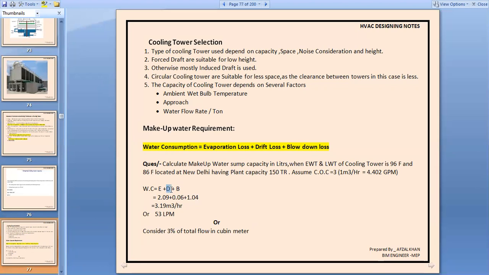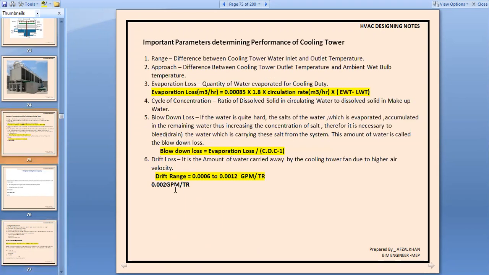And for drift loss, just 2 we have considered, no problem. For capacity it may be different, so don't go with this one. For drift loss I told you, as a standard we consider 0.002 GPM per TR.